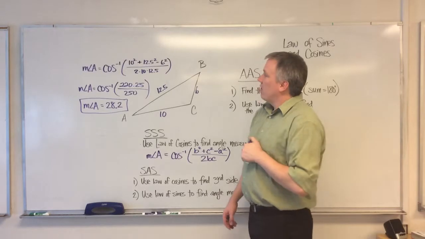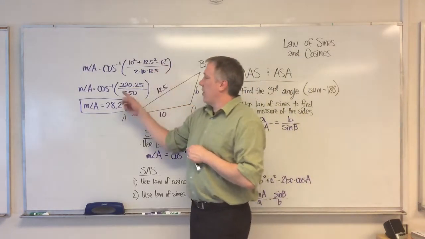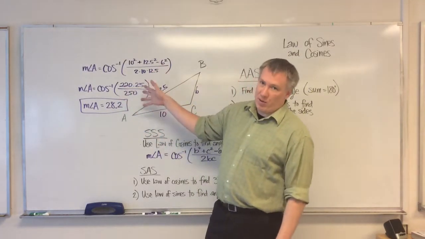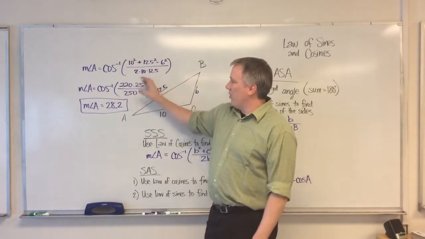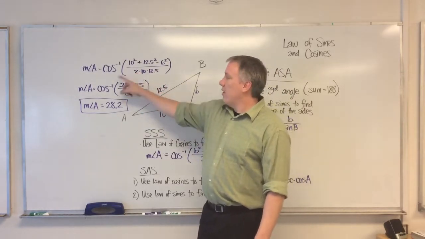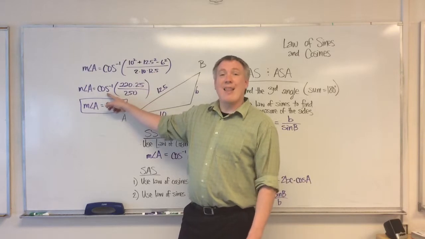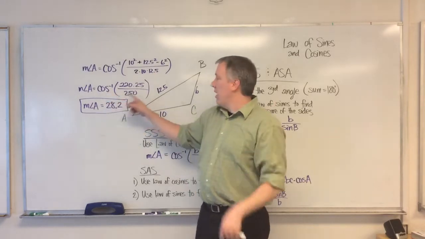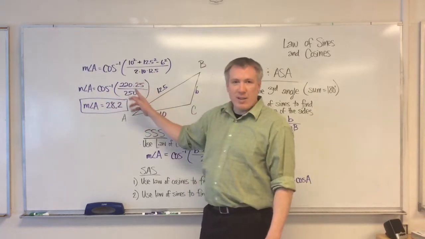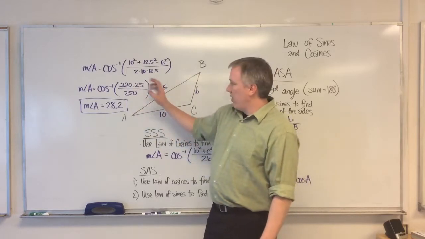All right. So if you were to simplify the top here, you would have gotten 220.25. Then on your calculator, you would have divided these two numbers and then taken the cosine inverse. That's the last thing you do. At the very end, after you figure out what this exact number is as a decimal, and it will always be a decimal.